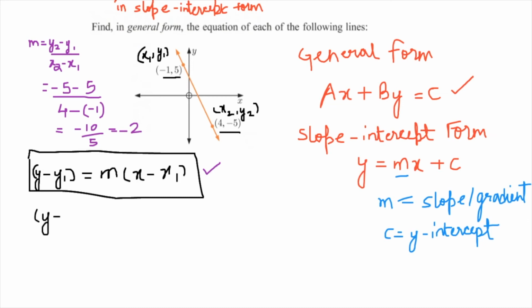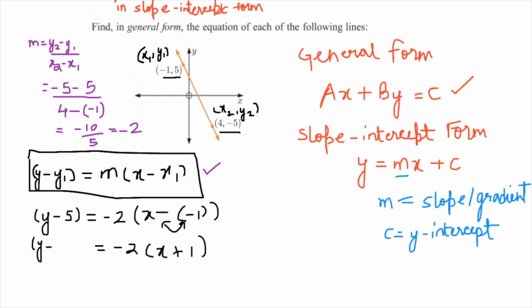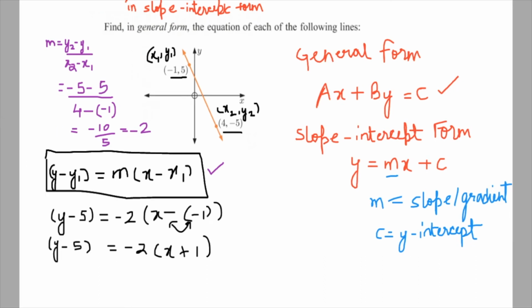So y minus y1, y1 is 5, is equal to m is minus 2, x minus x1, x1 is minus 1. This minus and this minus will become plus, so this will be minus 2 times x plus 1. This y minus 5 is equal to minus 2 times x plus 1.